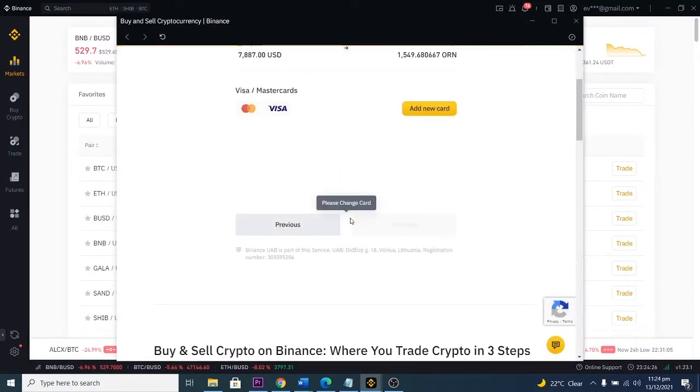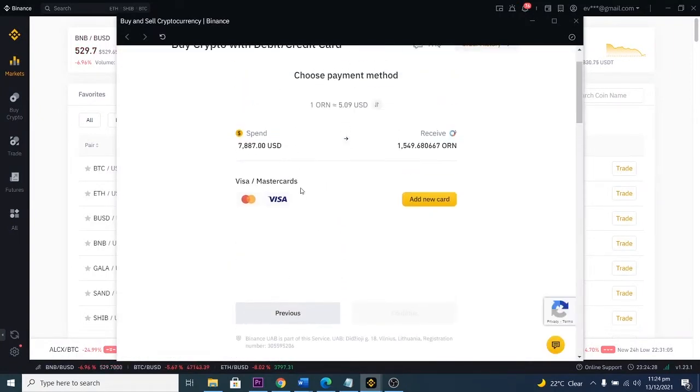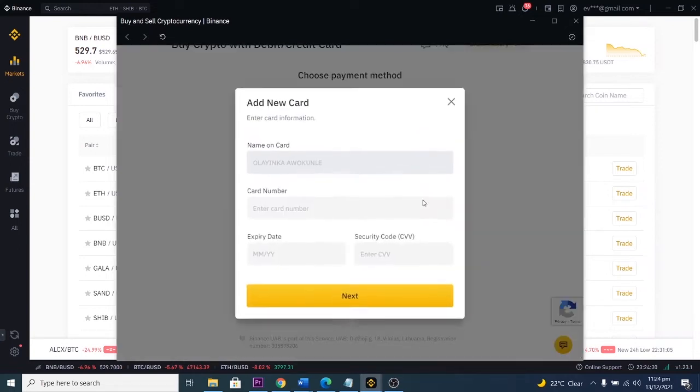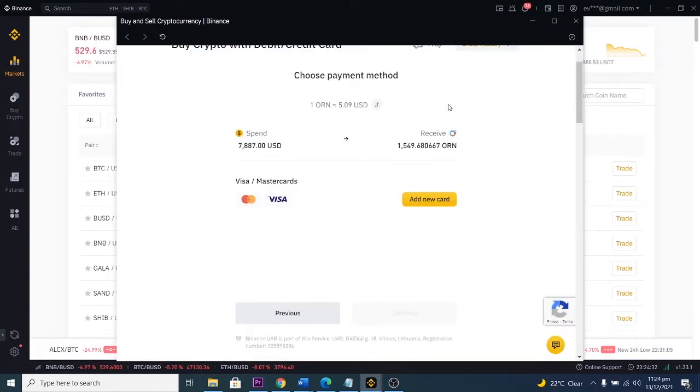So you have to put your card, your visa, add your card, your name and everything that you need. But I'm not using this method.